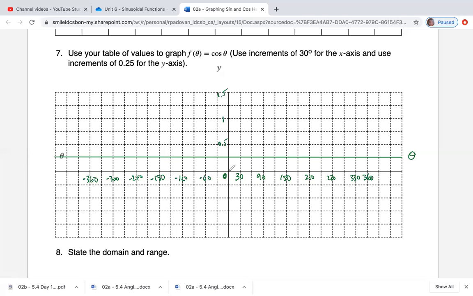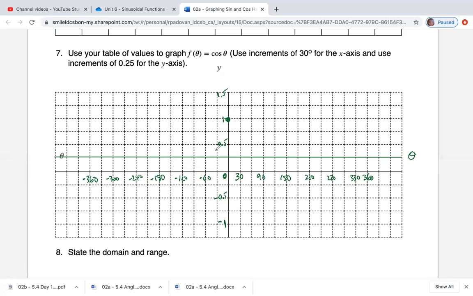So if this is my origin, negative a quarter, negative 0.5, and negative 1 is second up from the bottom, and then get my table of values. So at 0 on x, I have a value of 1. Cos of 0 is 1.